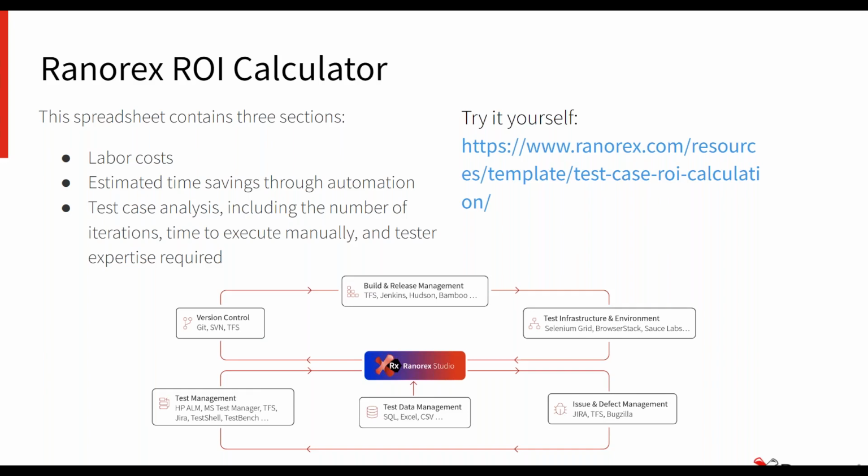Maybe you're going to have some people that are paid more because of their expertise, and then more non-technical folks might be able to run some of these automated tests for you, and that then reduces the amount of expenditure you have.